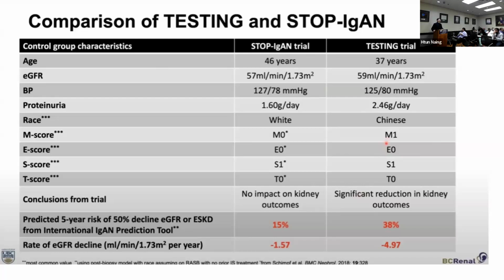But what was interesting is that when you look at the MEST, whether you have E1 or E0, M1 or M0, it made no difference in terms of who responded and who didn't respond. So overall, I have been a bit disappointed with regards to the correlation between the MES score and responsiveness to any of these study drugs.